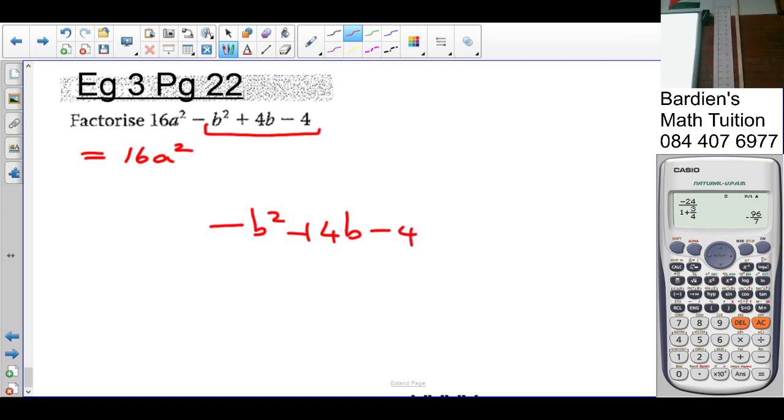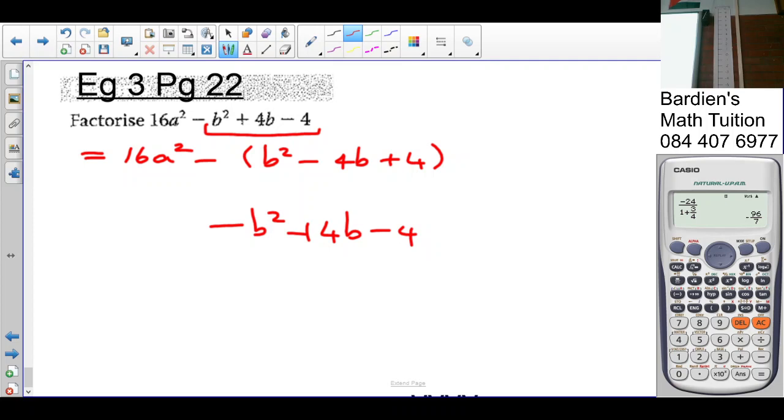Take out the negative. We're going to factorize the negative. So if we factorize the negative, what are we left with? b squared minus 4b. What did you say again? Last term is negative, positive. Didn't I say? And it is the case. Not so?